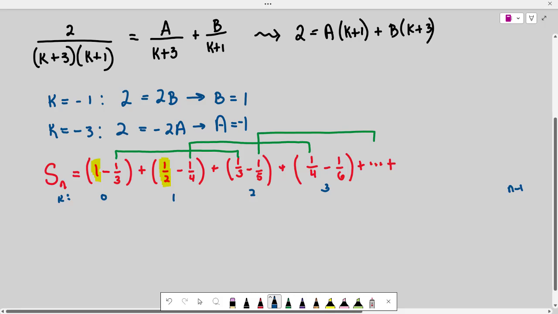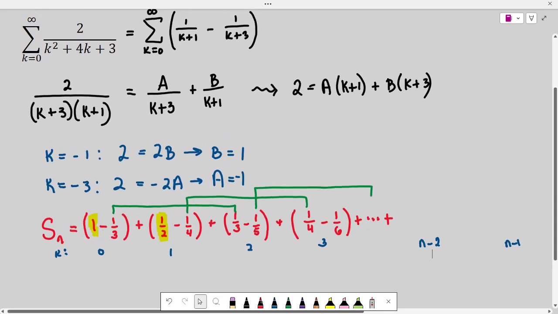Because we want n terms. If we start counting at 0, if we want n terms, the last k value would be n minus 1. And the k value of the term prior to that would be n minus 2. Go 1 to the left, so we subtract 1.